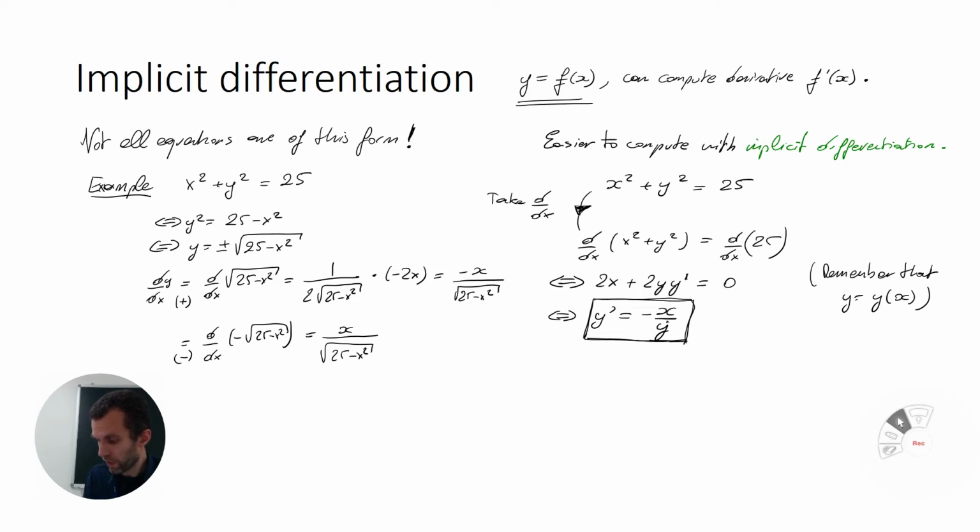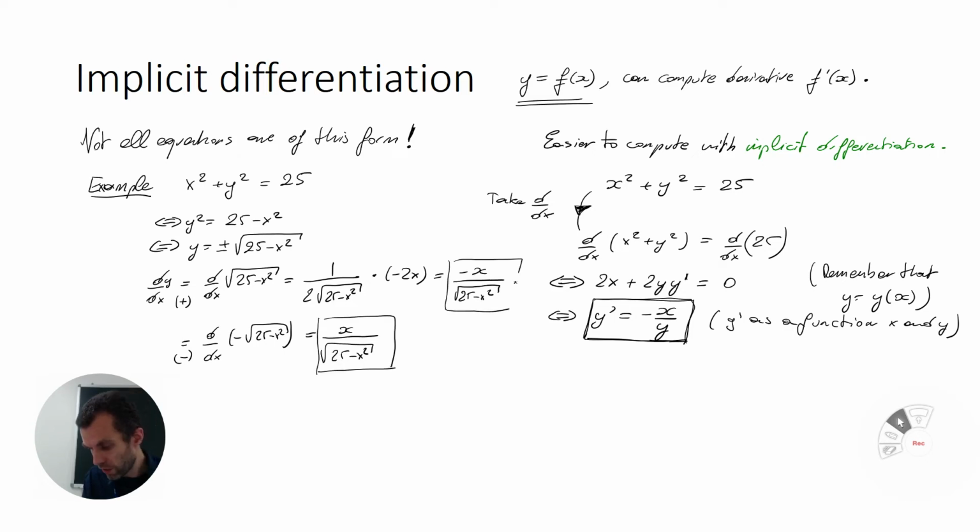But the important thing to note is that this is a quite easy calculation to do, and also it gives you y prime as a function of x and y. So now, how does that relate to the solution that we found earlier? Well, it actually gives the same result.